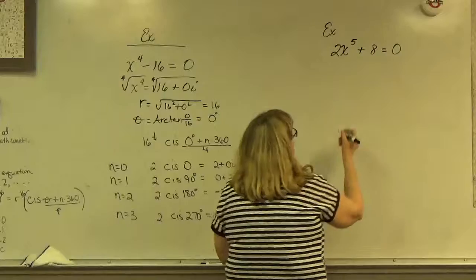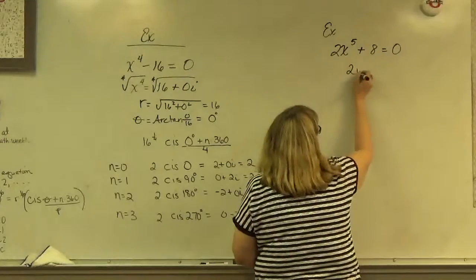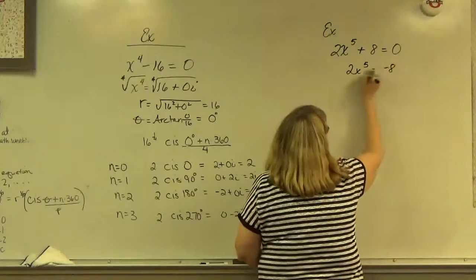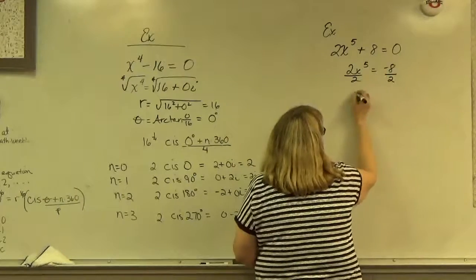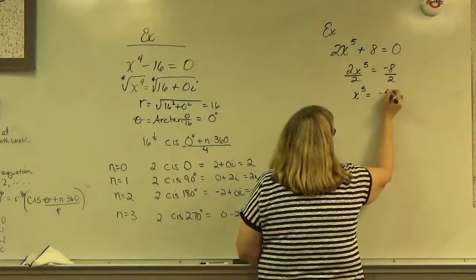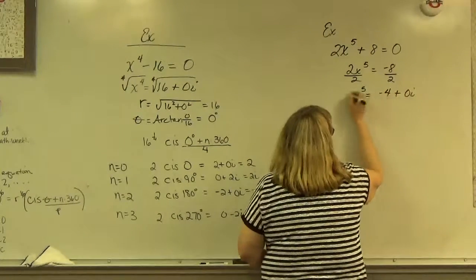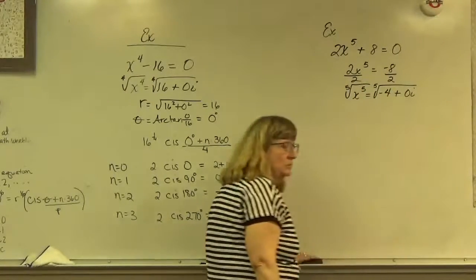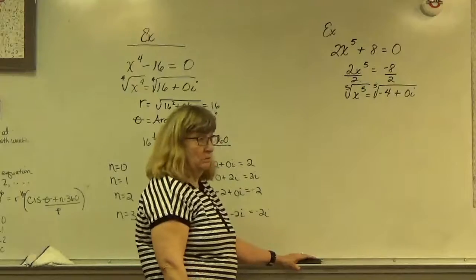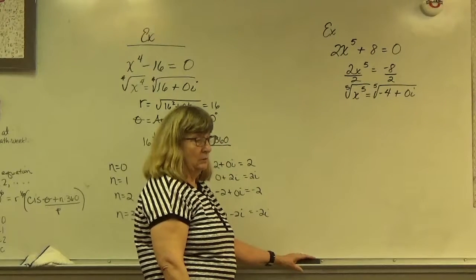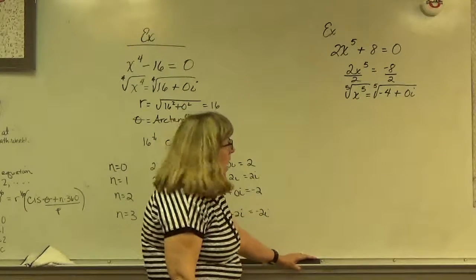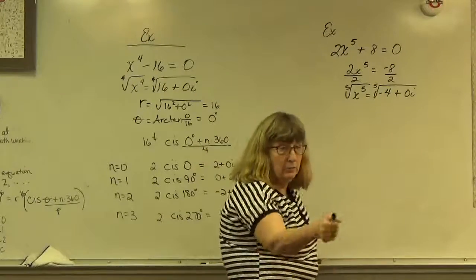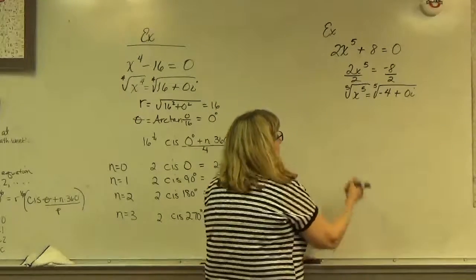First you subtract 8, then divide by 2. Negative 4. Everybody good there? Yep. Okay, so we're ready for, back over to Taylor, how to find the r.